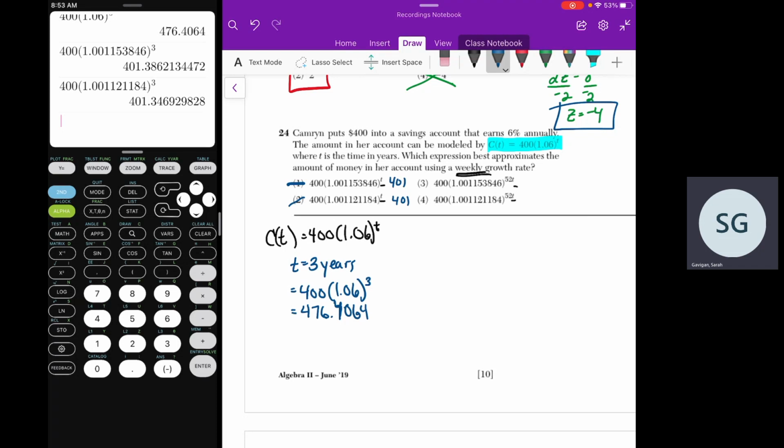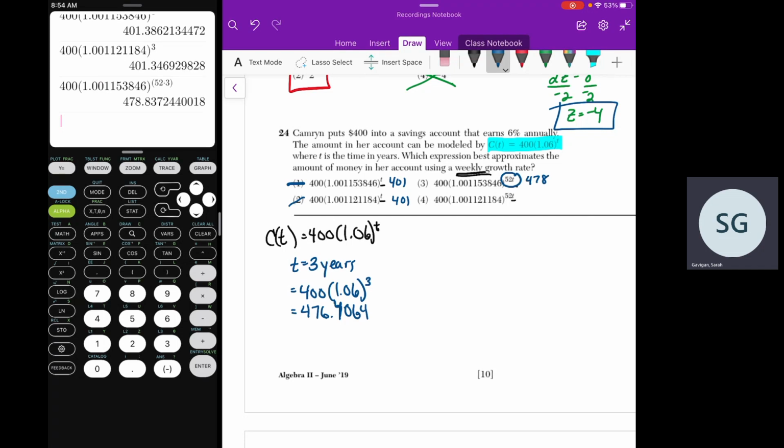Okay, so now typing in these last two, you have to know how your calculator works. So you need to be typing this stuff in as I'm going through it, because when you type in this 52 times T, if you have a TI-83 calculator, you need to put parentheses around 52 times 3 like I did on my calculator. That gives me 478.